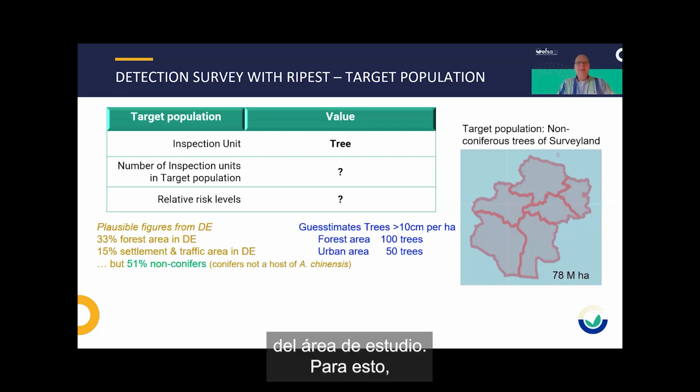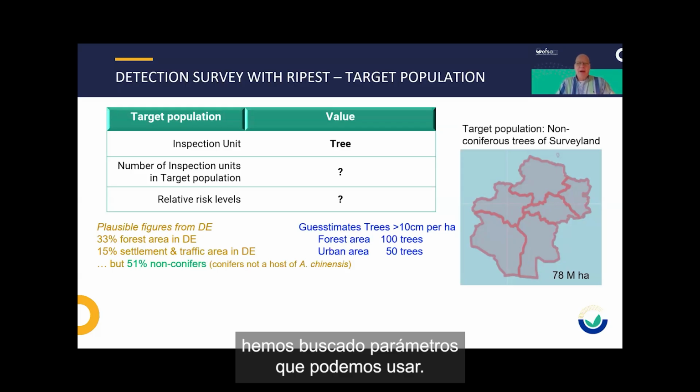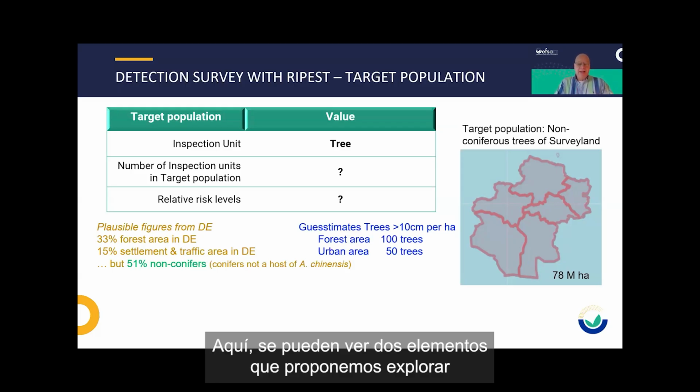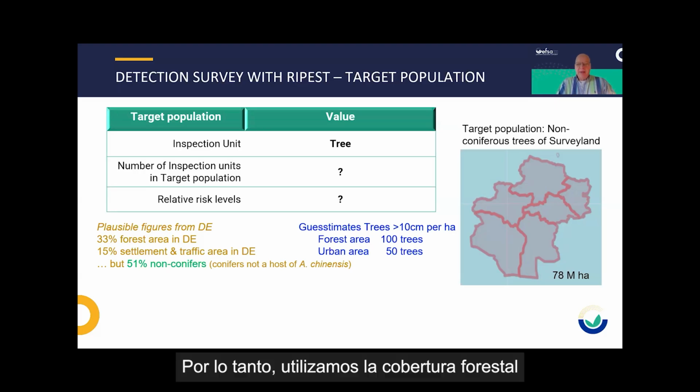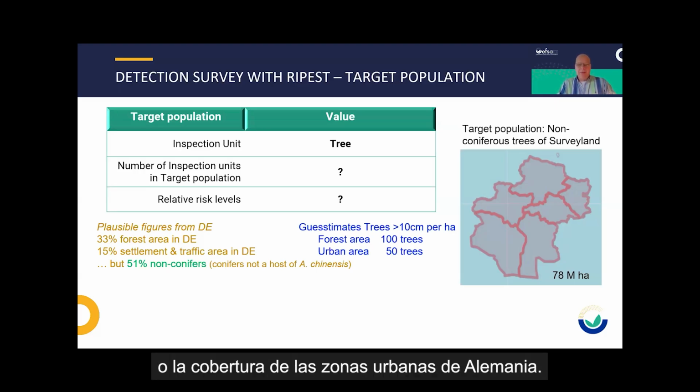To help with this, we have looked for parallels that we can use, and you see here 2 items that we propose we can explore to calculate the potential number of trees in Surveyland. So we used the coverage with forest or the coverage with urban areas from Germany.